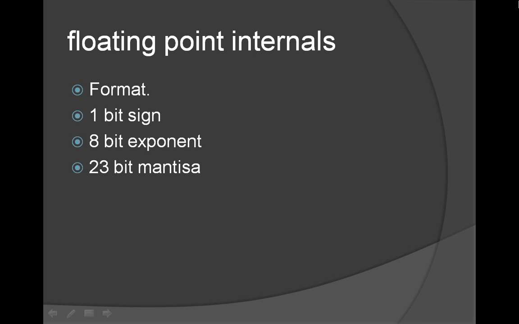The first bit is used for the sign, positive or negative. 8 bits are used for something called the exponent, which we're going to see shortly. And the next 23 bits, which is 32 minus 8 plus 1, is something called the mantissa or precision.